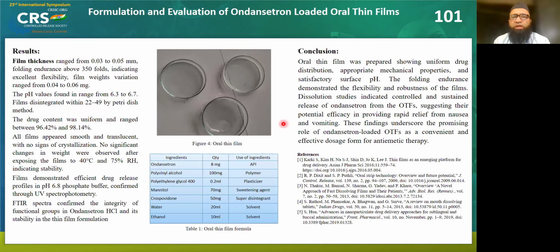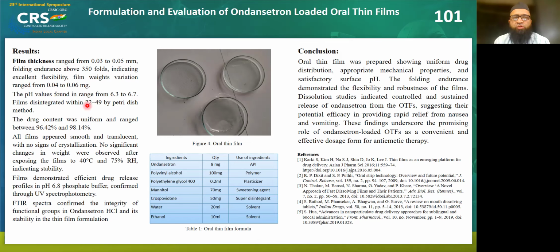So we got a very clear and transparent oral thin film, and we evaluated it for its various properties such as film thickness, which was found to be 0.03 to 0.05 millimeter, and folding endurance of 350 folds, showing very good flexibility. The weight variation was also in a good range.